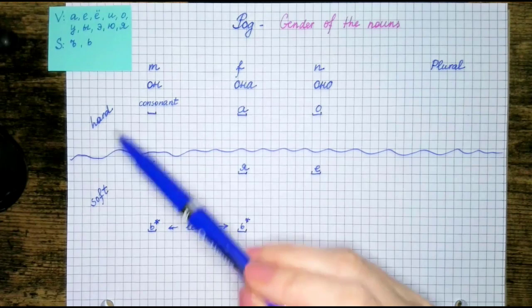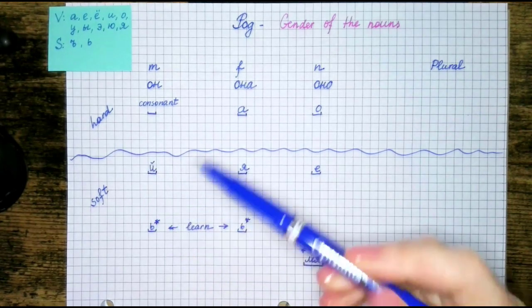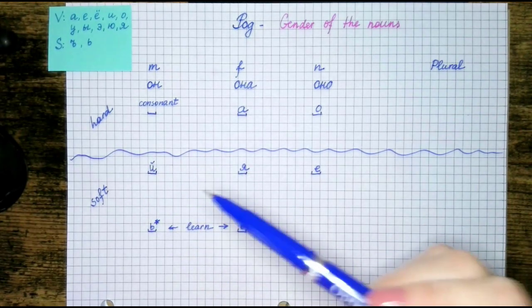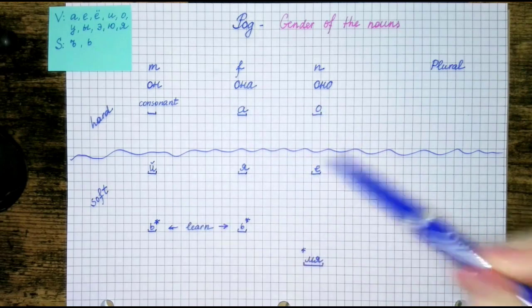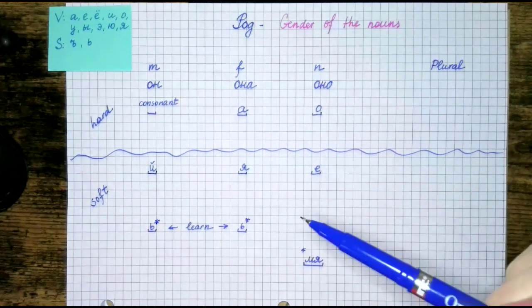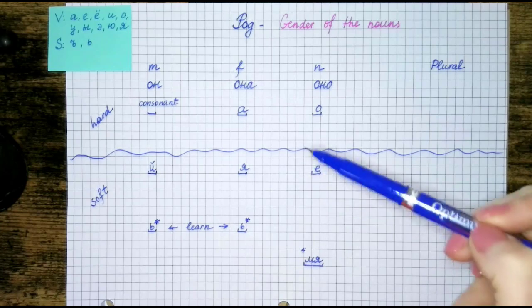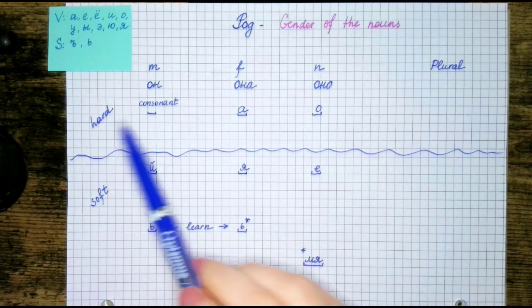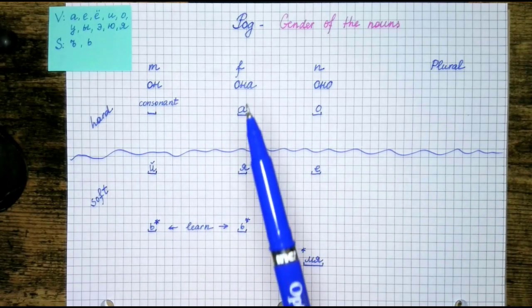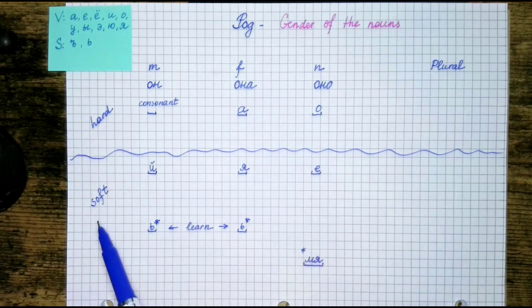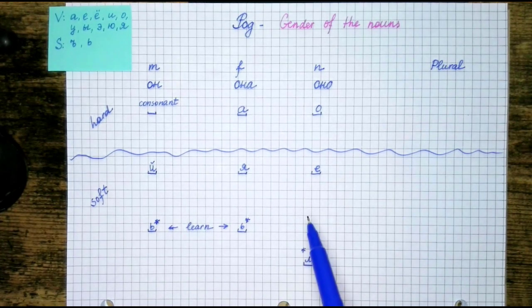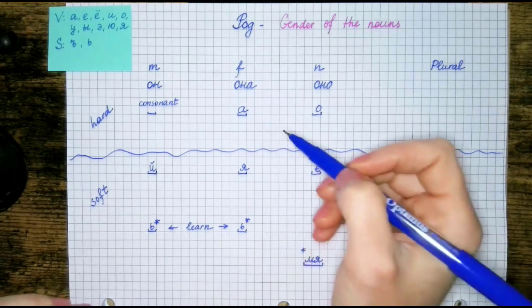This distinction into hard and soft endings is important to remember once we start changing the nouns into plural or into different cases, because the rule of thumb here is hard stays hard unless there are some spelling rules involved, and soft stays soft.